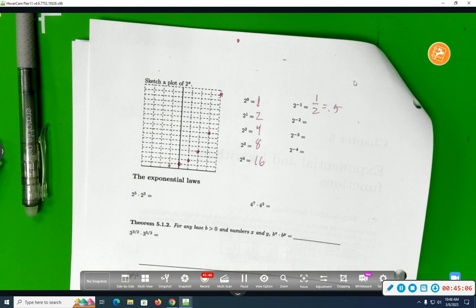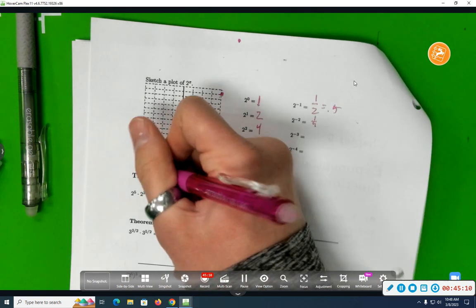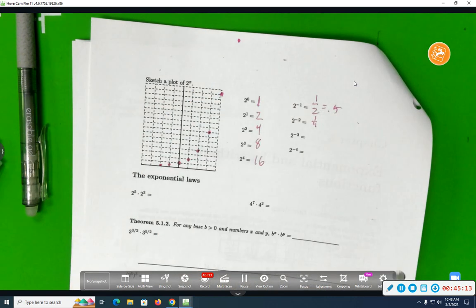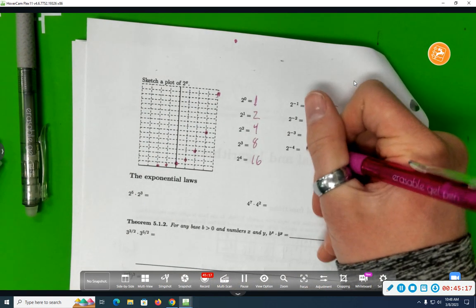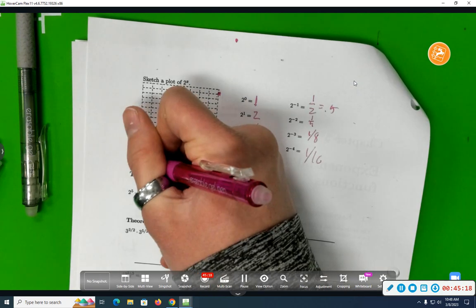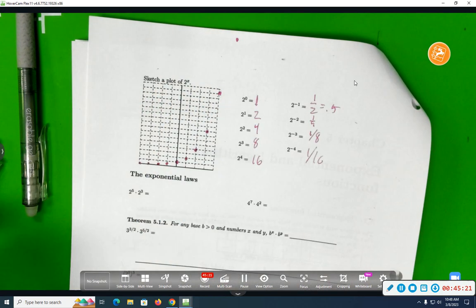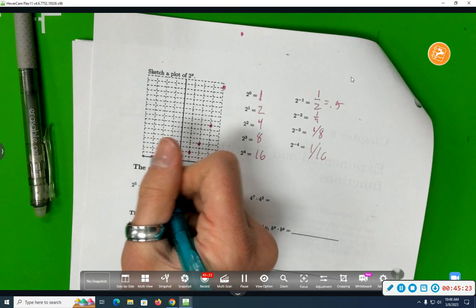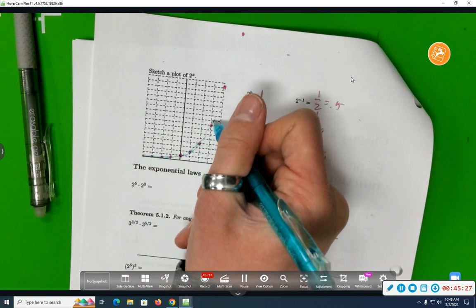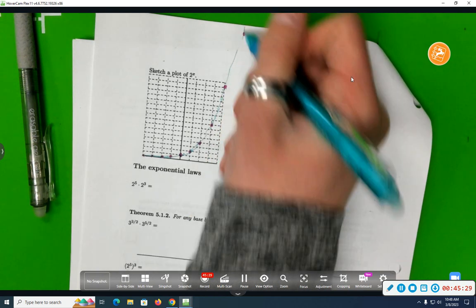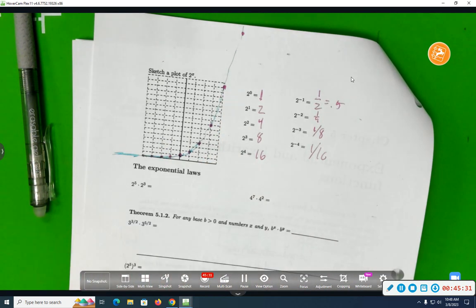What's 2 to the power negative 2? 1/4, half as big as that. What's 2 to the power negative 3? Nice. So let's draw those remaining dots. And if you want to get a sense for what the graph looks like, let's try to interpolate between. So there's the graph of 2 to the x.